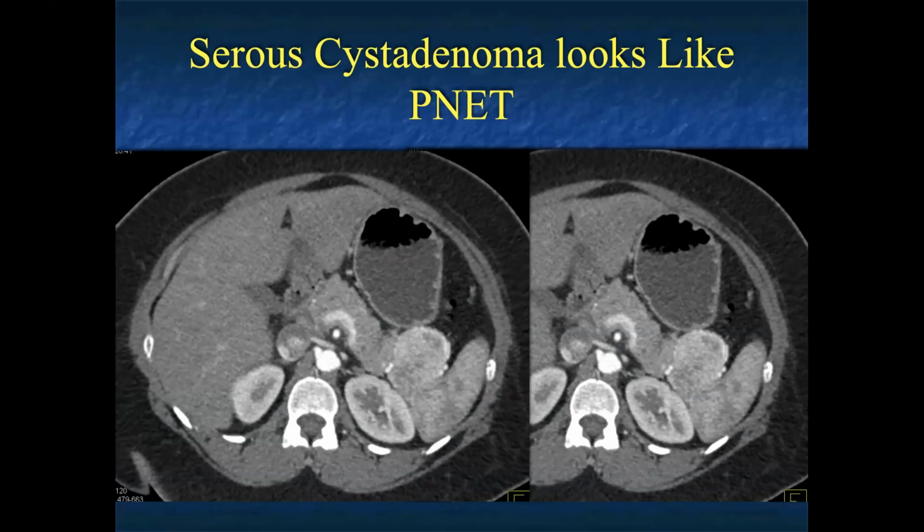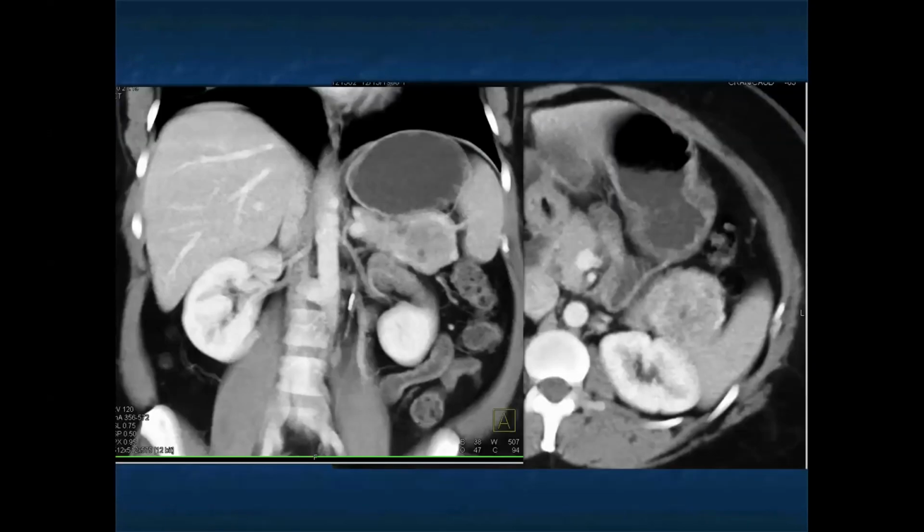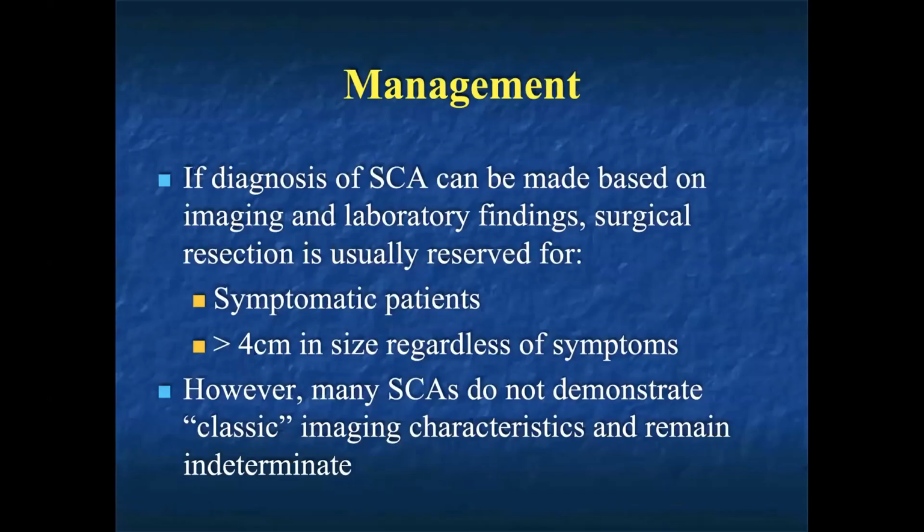Neuroendocrine tumors are vascular and solid, washes out a bit, but it's still solid. I'm still saying neuroendocrine tumor, but in that case, I was wrong. So again, with serous adenomas, management can be followed when they're smaller, but when they get larger or patients are symptomatic, they will be resected.